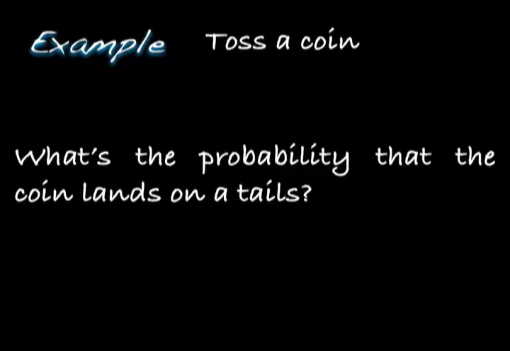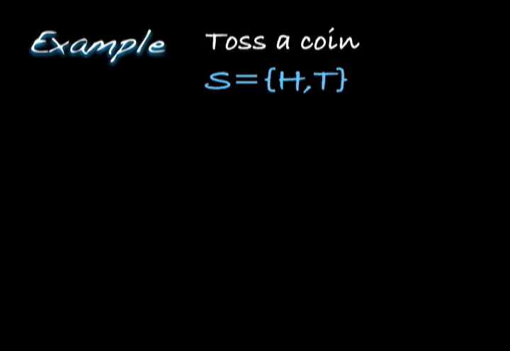Tossing a coin. What's the probability that the coin lands on the tails? The sample space is associated with the H and the T. These are the only two outcomes that are possible when you toss a coin.